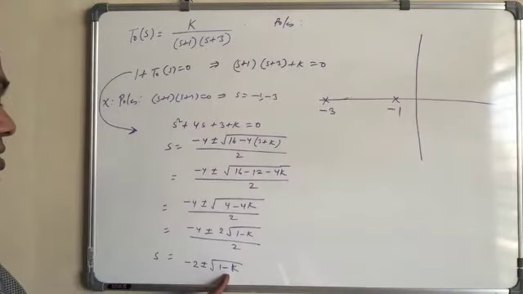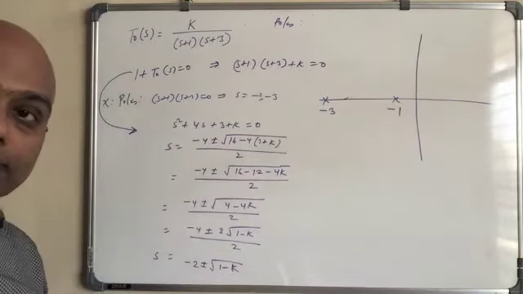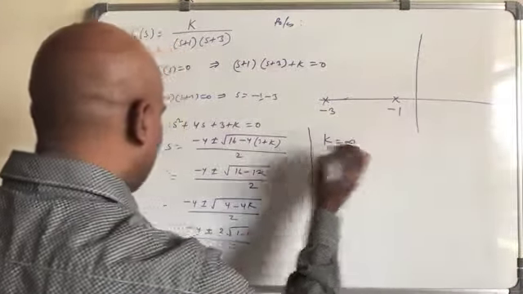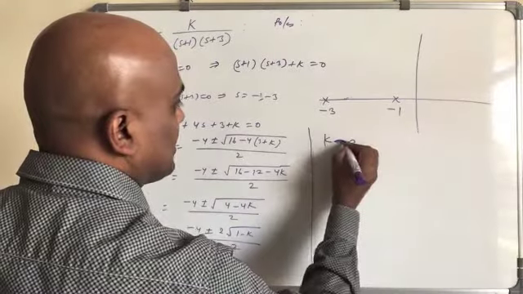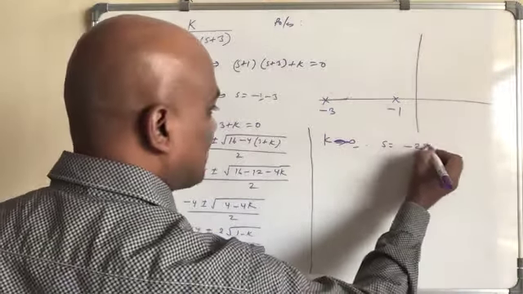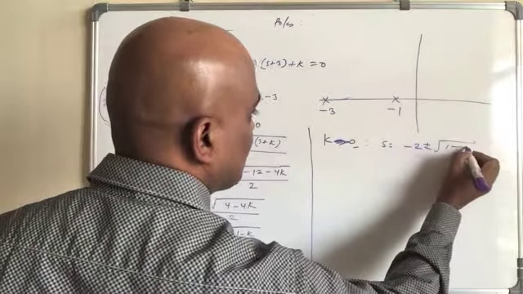So K equal to 0, we have minus 2 and minus 3. When K equal to infinity, what do we get? We can put K equal to infinity here and see what happens. So K tends to infinity, and S equal to minus 2 plus minus root 1 minus infinity.